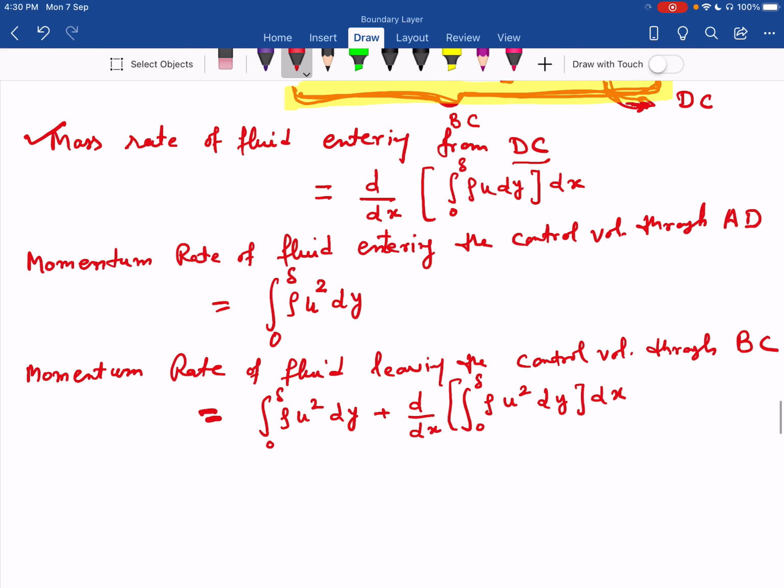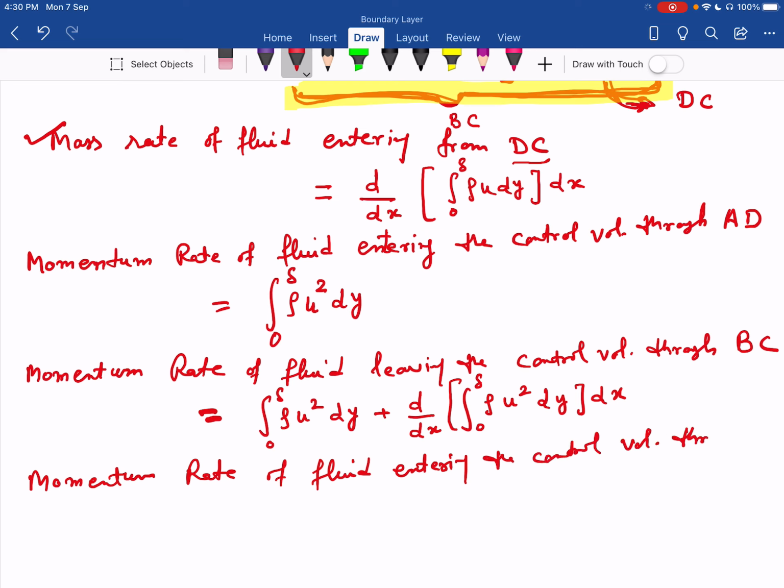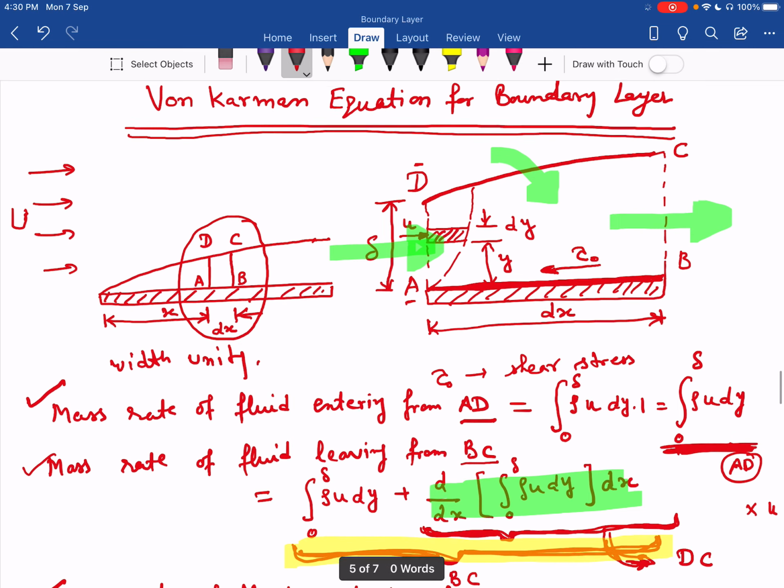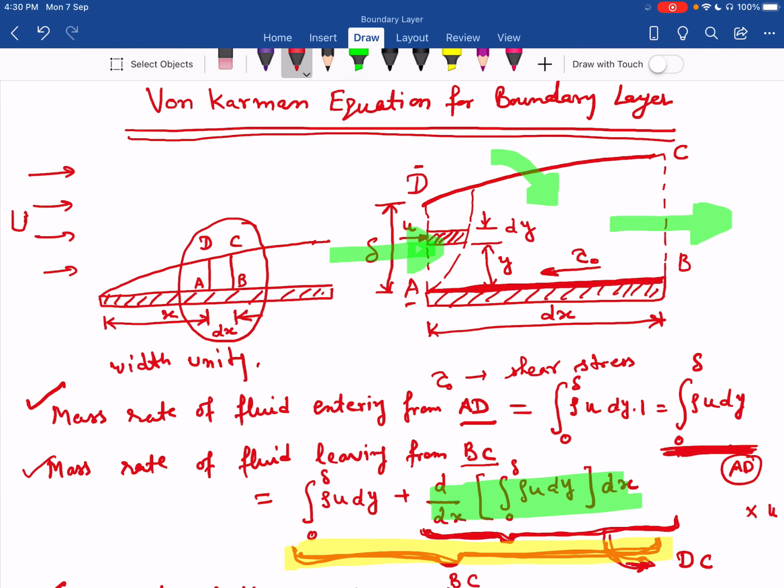Okay, then I can write the momentum rate of fluid entering the control volume through DC. So you can see the entering through DC, that is this green one. The entry is from here.